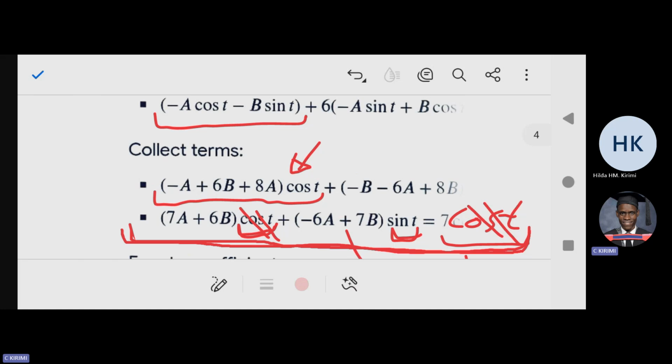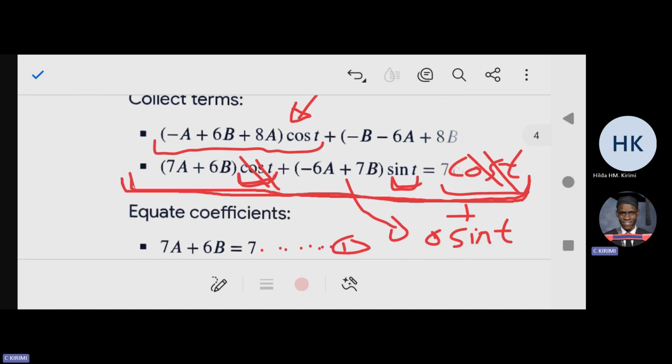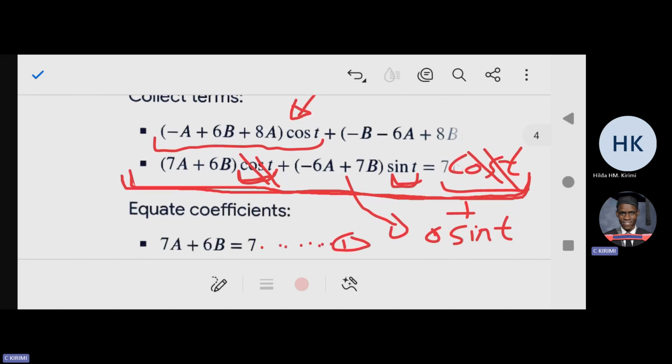We said separate all those coefficients of cos t together, and separate those coefficients of sin t on their own. Once you have separated, equate to the right-hand side, which is cos t. When you are equating to the right-hand side, if you are not given sin t on the right, you can write it as 0 sin t.